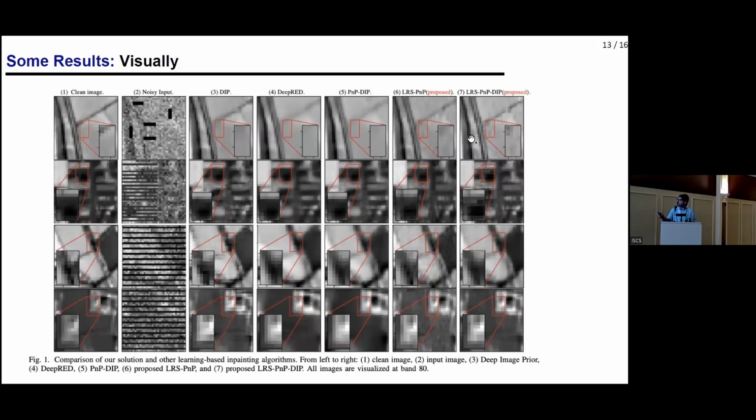But it seems that DIP managed to keep the local structures. Okay, so we have tested with different patterns and different images, because we don't need any data set. We only need a single image. And the results were very consistent.